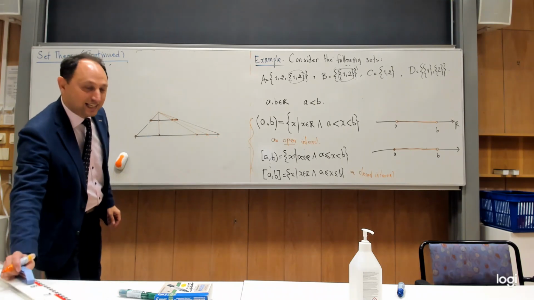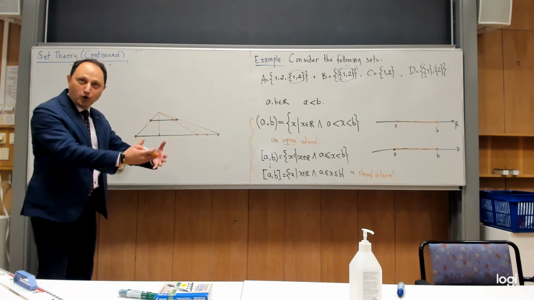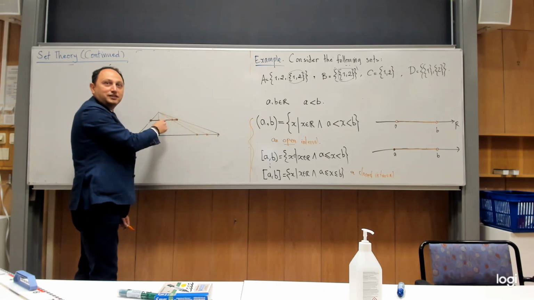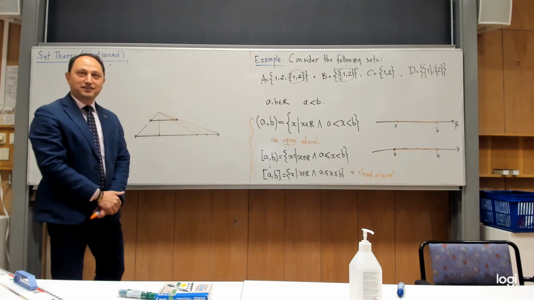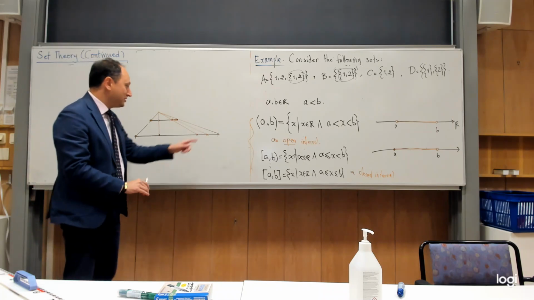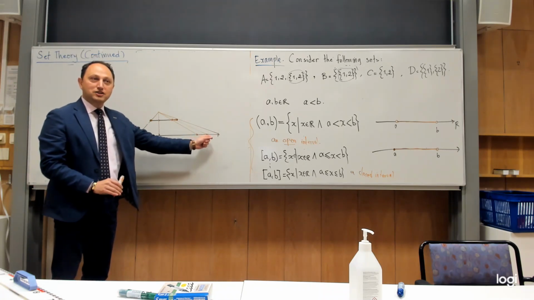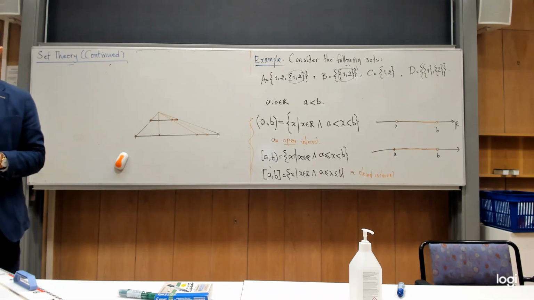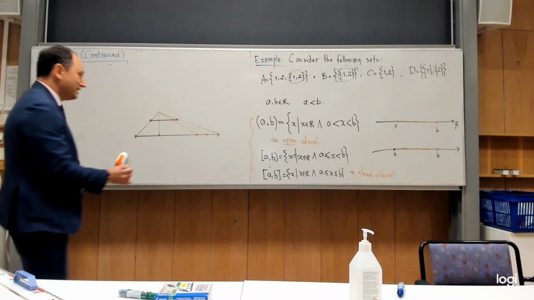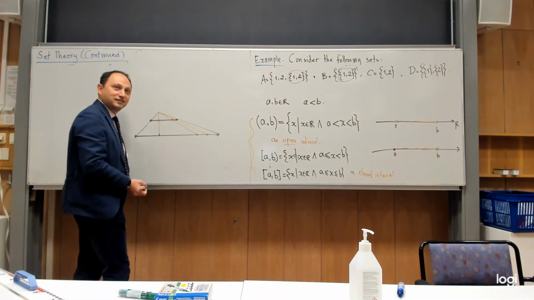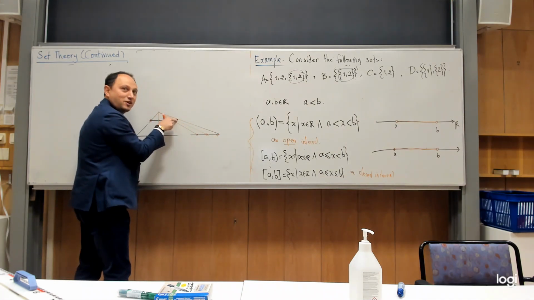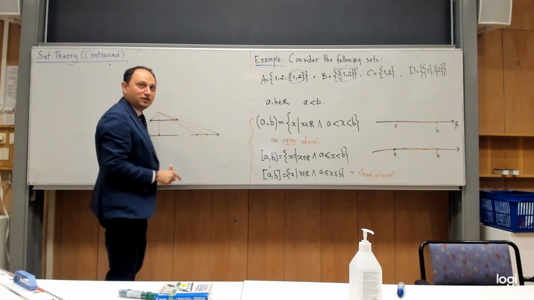Because when you say that the number of points here is more, it means that you can find a point without any partner here. Which point is that? Which point do you think I can imagine without a partner here? Can you imagine? No. Even if you say this, I just connect this one with here, then it will intersect somewhere here. So that is the partner of this guy.